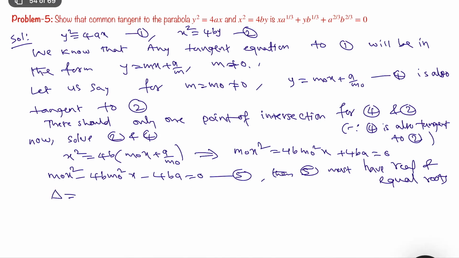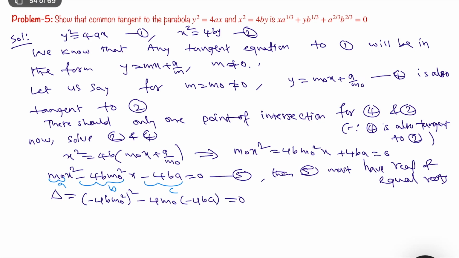If you compare equation 5 with a quadratic equation ax square plus bx plus c, m naught is going to be a, minus 4b m naught square is going to be b, and minus 4ba is going to be c. So what should be the discriminant? It's minus 4b m naught square whole square minus 4 m naught times minus 4ba equal to 0.